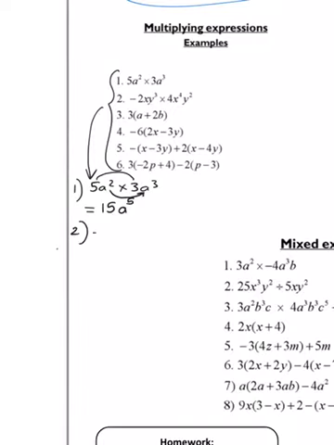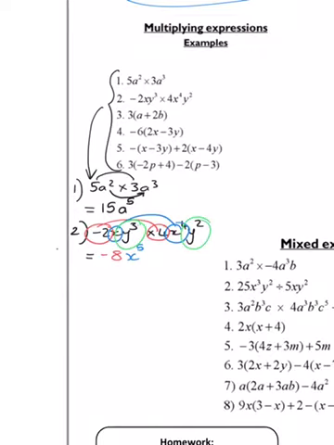For number 2, negative 2xy cubed times 4x to the 4y2. So we're multiplying numbers by numbers. Negative 2 times positive 4 is negative 8. X's by x's. X to the 1, x to the 4 makes x to the 5. Y's and y's makes y. 3 plus 2 is also 5.